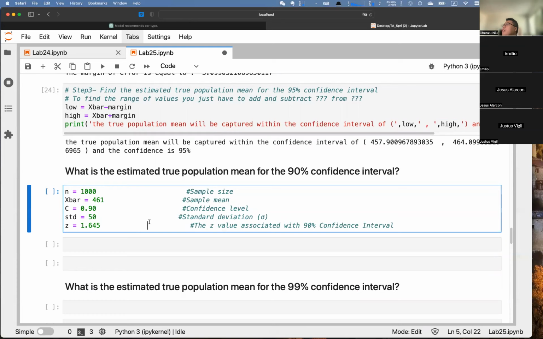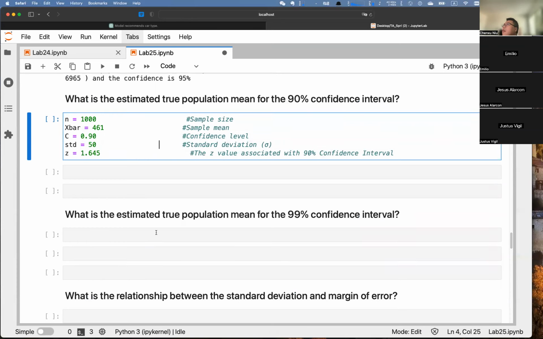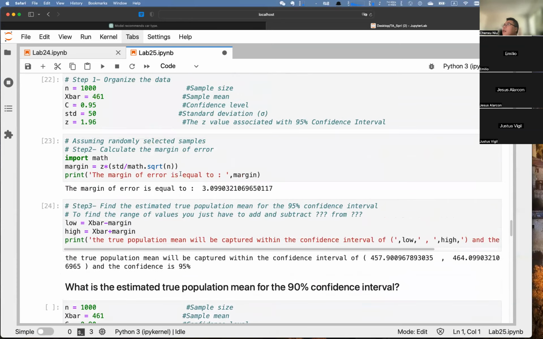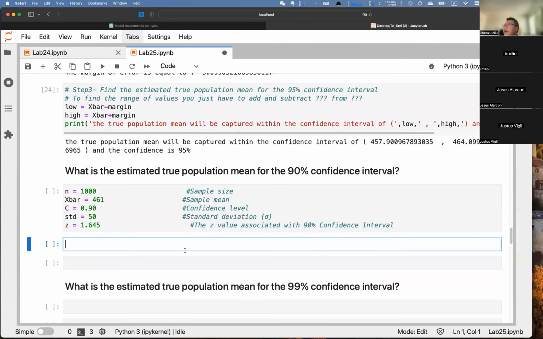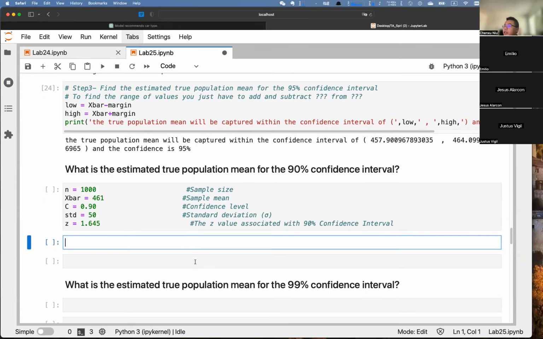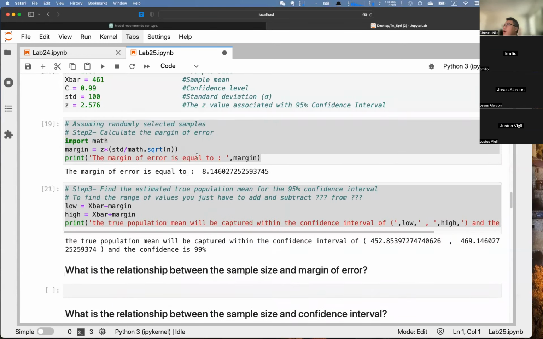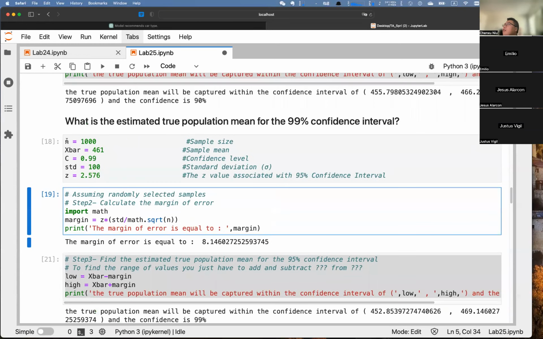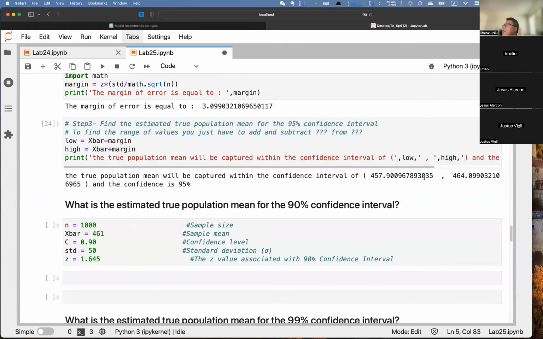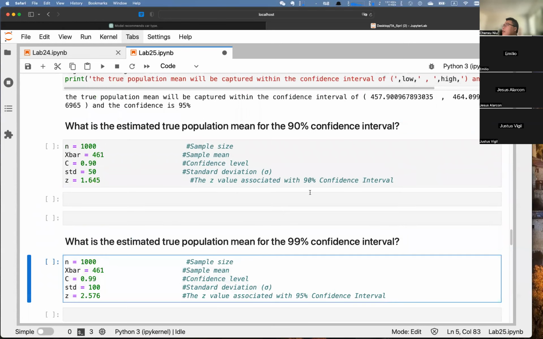And for the last two, you know how to do that, right? Please finish the last two by yourself. And for the last one, organize the data, 99%, right? Okay, so 99% here.